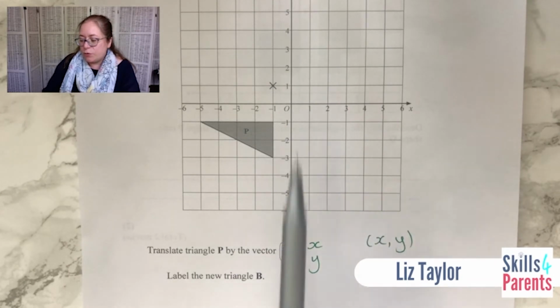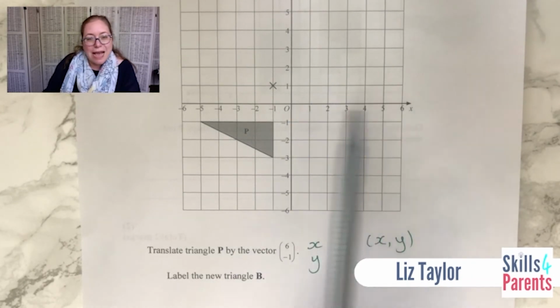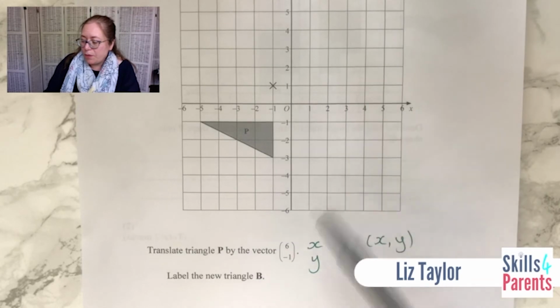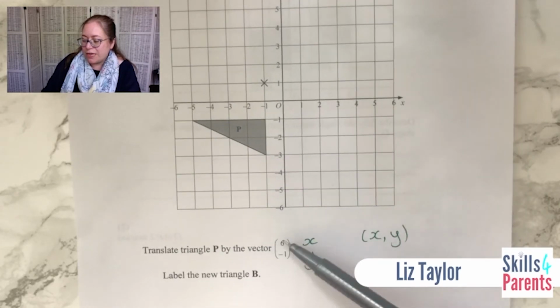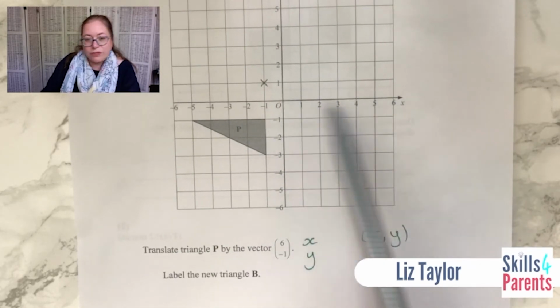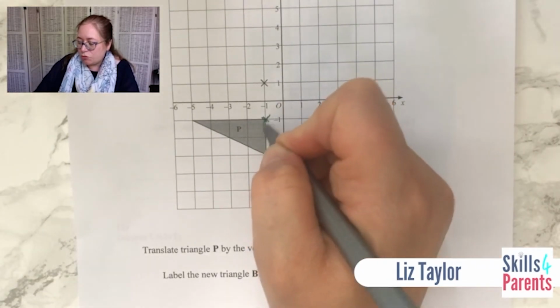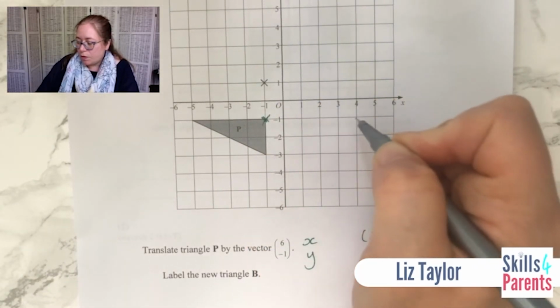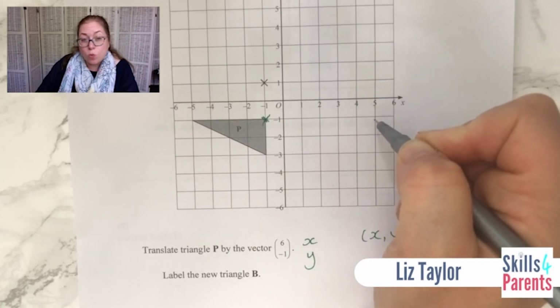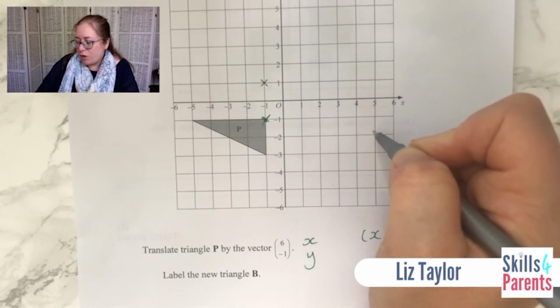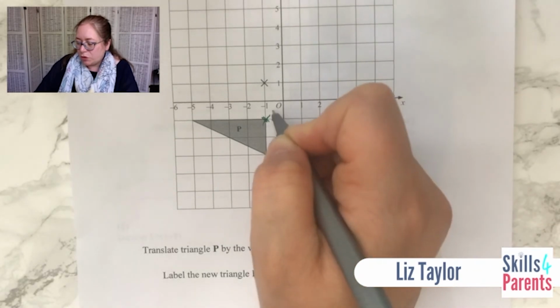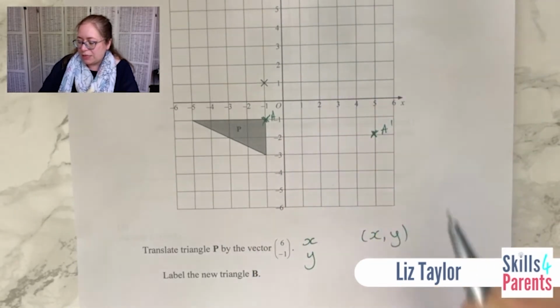And if it's positive or negative, you can use the axes to help you decide. So this one is 6, and it's a positive 6. So it's X direction. Positives are going to the right. So we're going to need to move it 6 to the right. And then because the 1 is negative, we will move it 1 down. So if I just call that A, that is going to be A dashed.